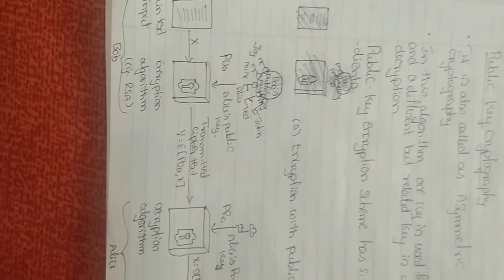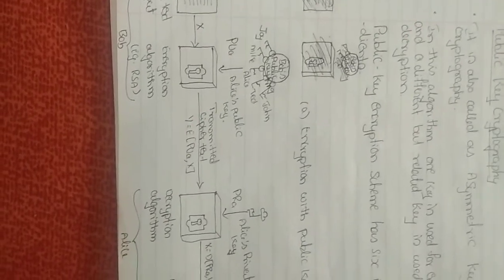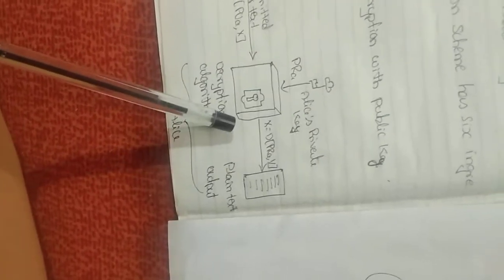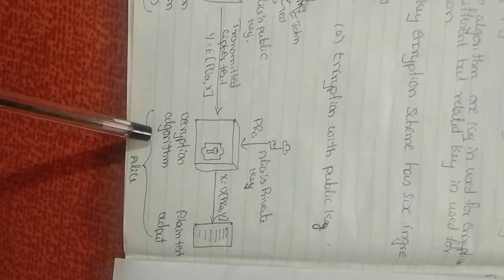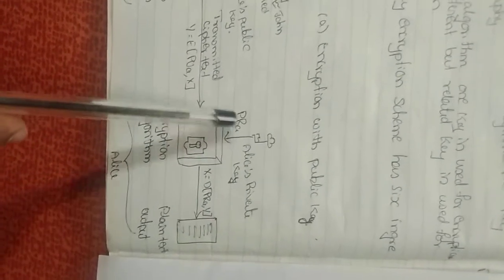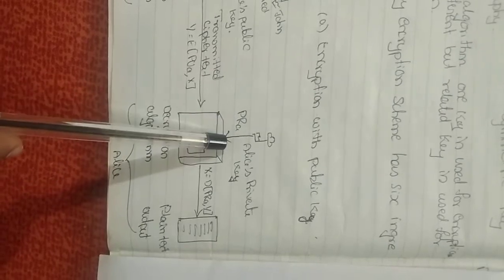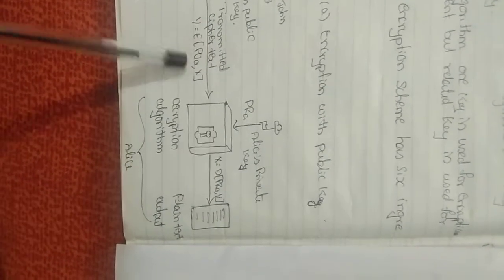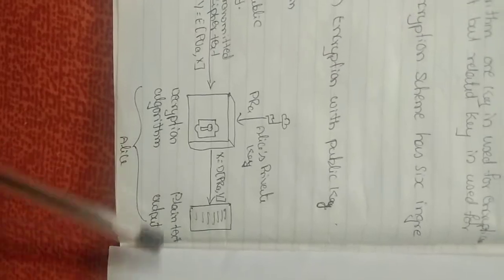When Alice receives this message, she decrypts it using her own private key, that is PRA, and can obtain the original plain text.